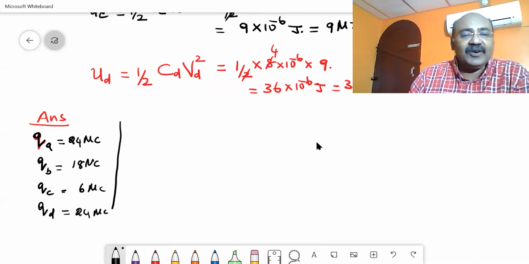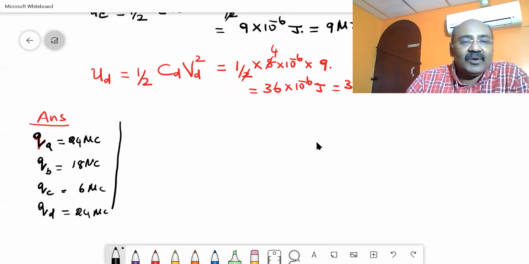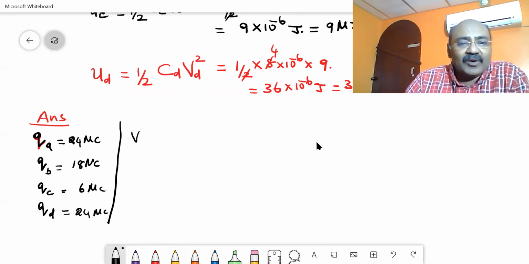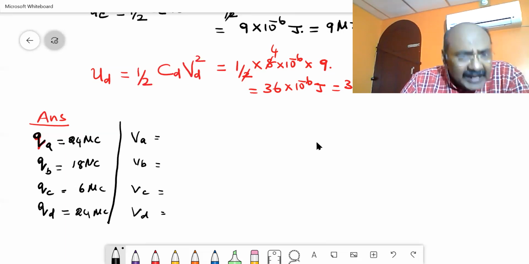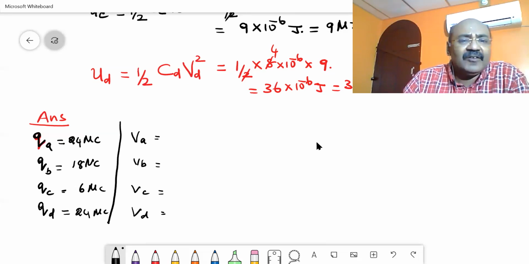Similarly, go for potential. What is VA? What is VB? What is VC? And what is VD? VA is 3 volt, VB is another 3 volt, VC is 3 volt, and VD is also 3 volt.